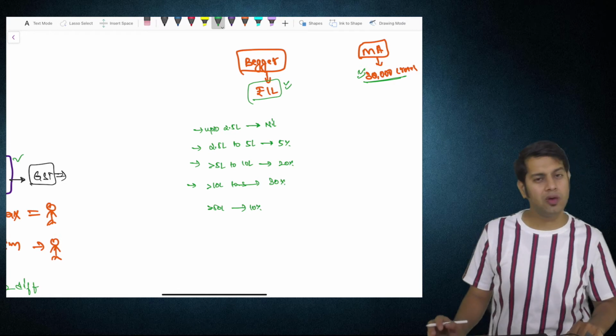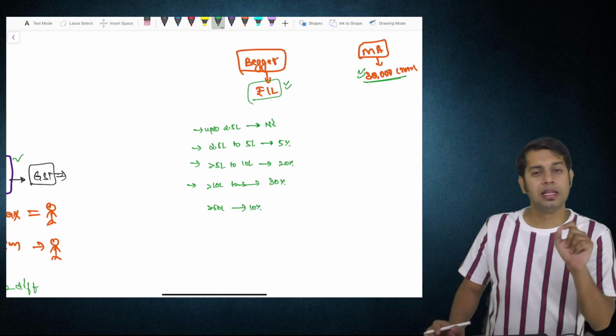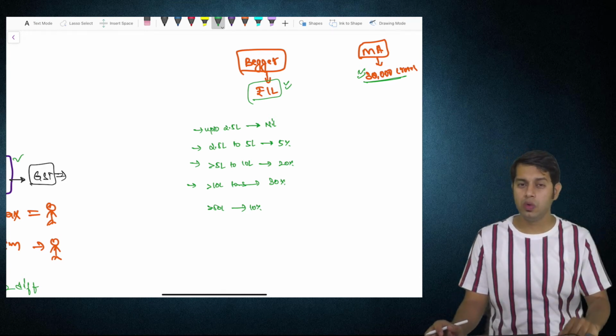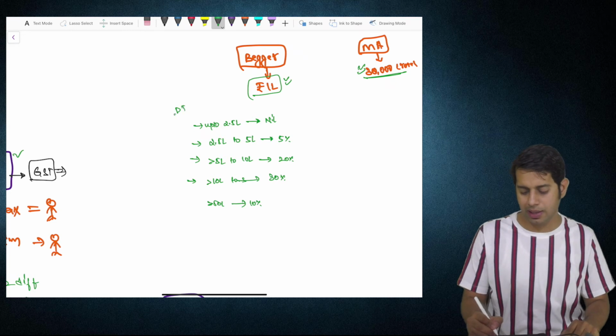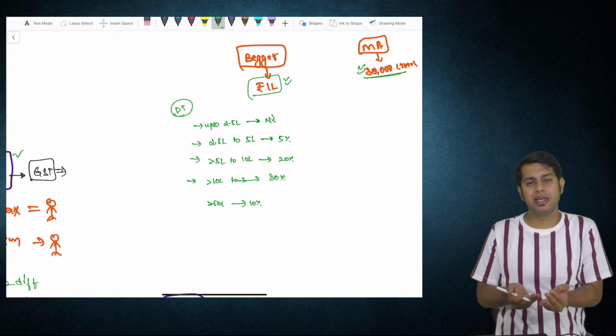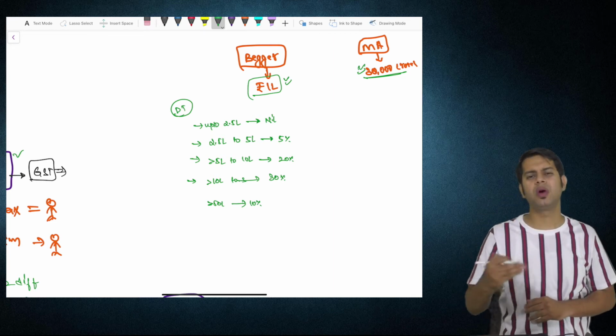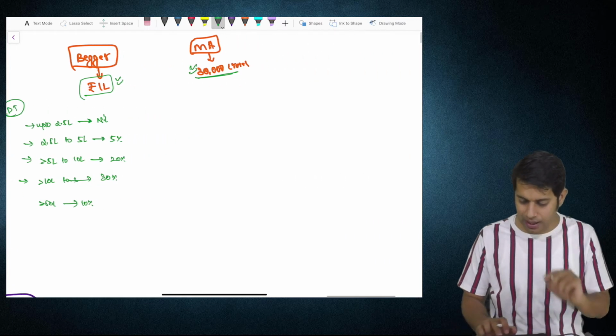The beggar will not have to pay any income tax because his income is not crossing the specified limit, whereas Mukesh Ambani will have to pay a huge amount of income tax. This happens in case of direct tax because the nature of direct tax is that it is progressive. The rate will differ from person to person depending upon how much he is earning.